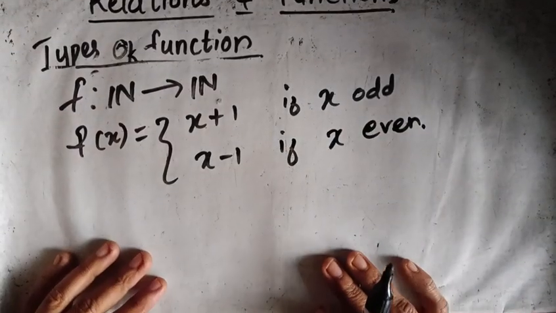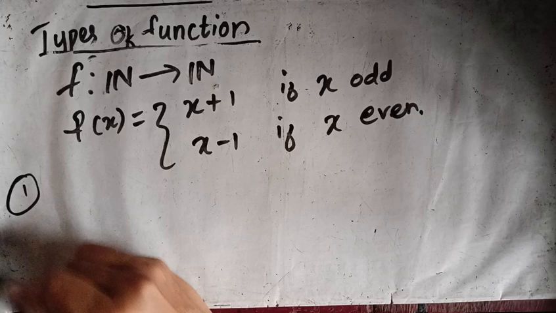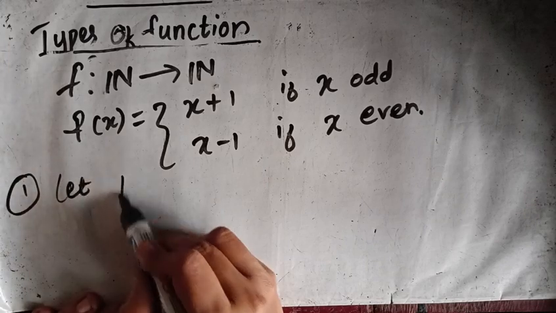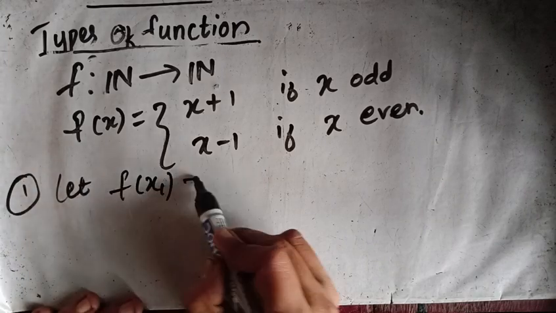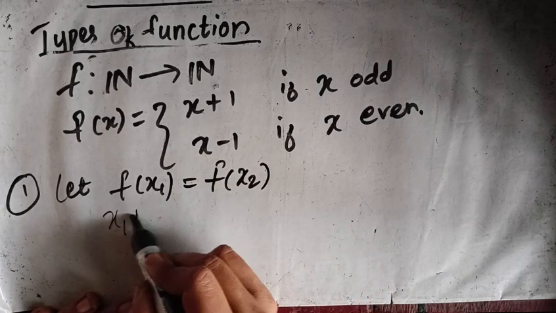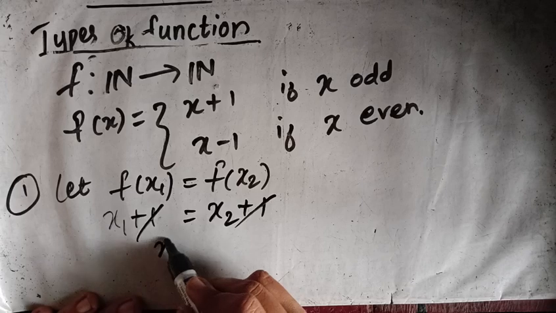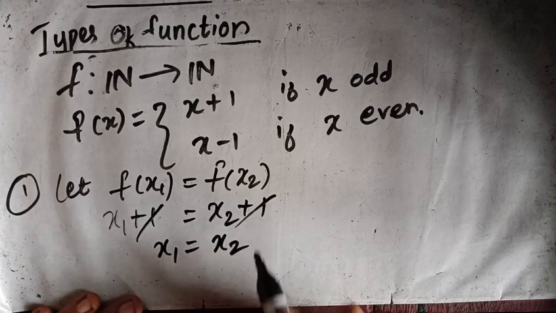Okay. Now to prove it is one-one, first thing, let f of x1 is equal to f of x2. So this is x1 plus 1 equal to x2 plus 1. So x1 is equal to x2.